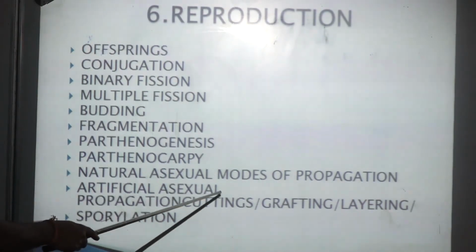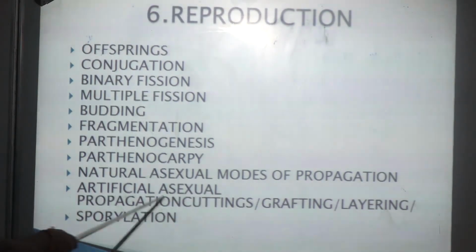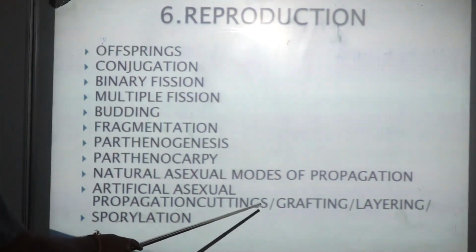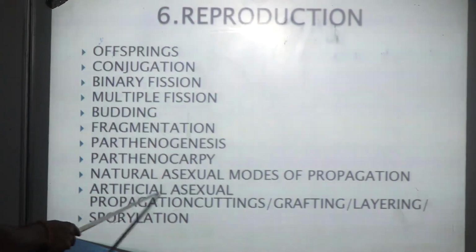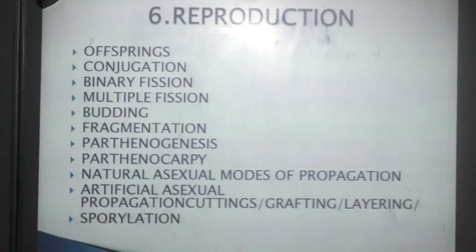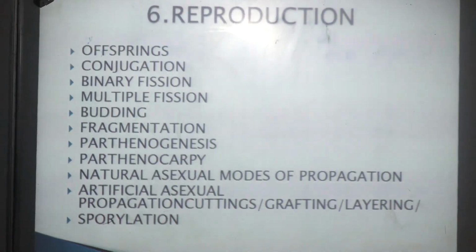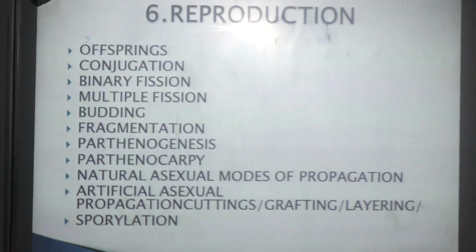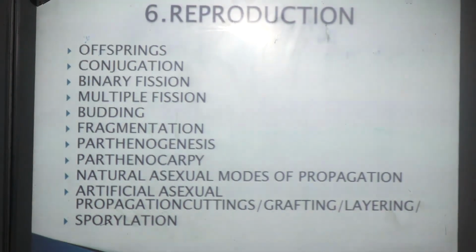Then artificial asexual propagation, it is nothing but first layering and then I will come to grafting. Two things are there. Before that, this being artificial, we can cut the stem into small branches as we need. In this technique you have two types, stem cuttings and root cuttings.